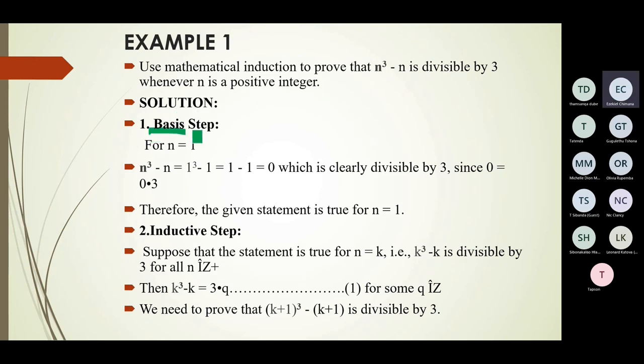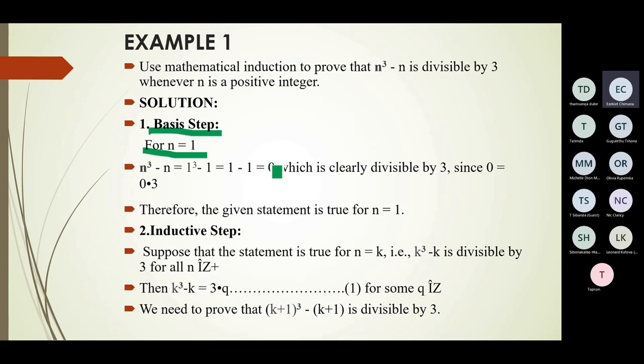Let's take, for example, when n is equal to 1. So p of 1, we replace n by 1, which is equal to 1 to the power 3 minus 1, which is 1 minus 1, which is equal to 0.